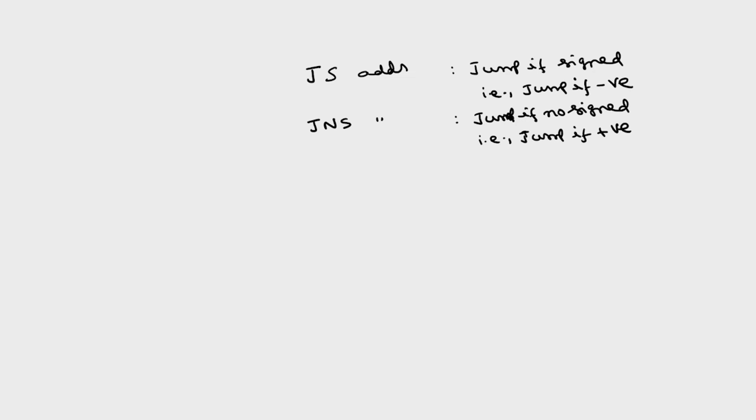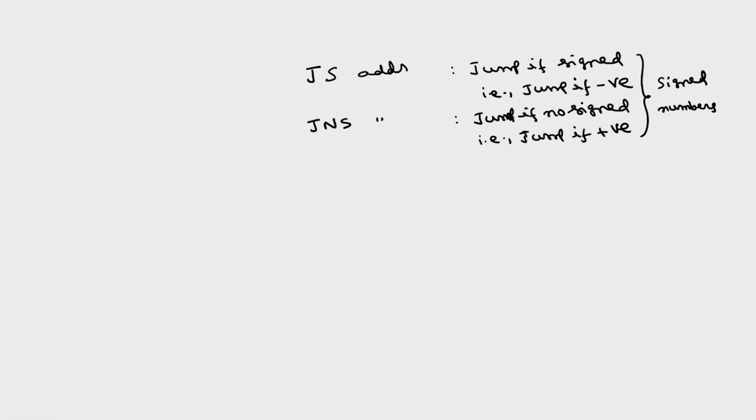If the result is positive, then it will jump, otherwise it will skip the instruction and go to the next instruction. Okay. So, these all deal with signed numbers. We know that the microprocessor uses signed 2's complement representation. So, this corresponds to the sign flag.